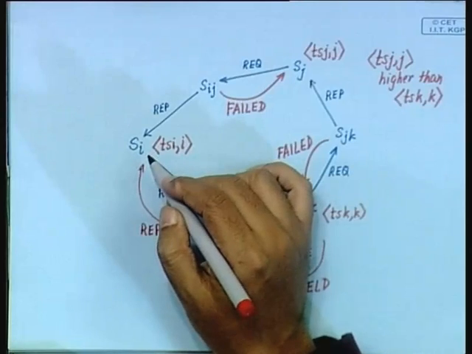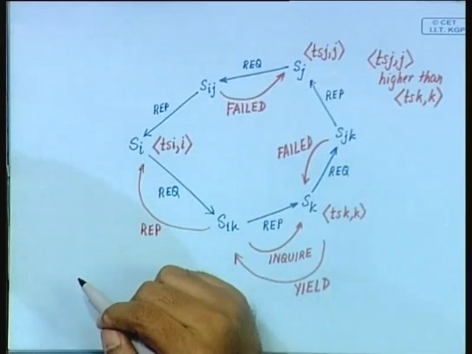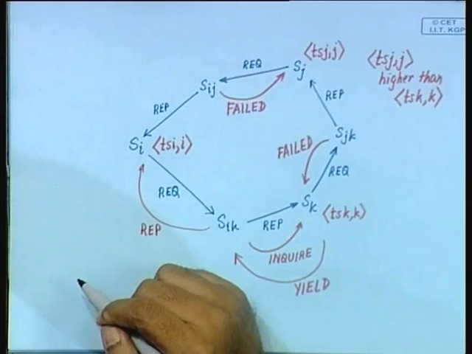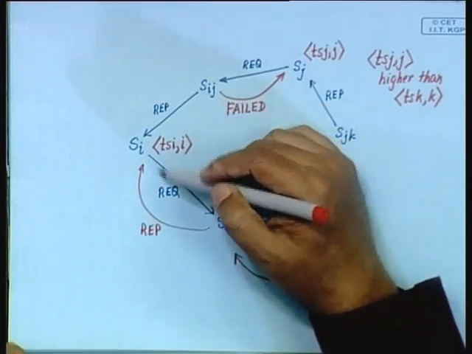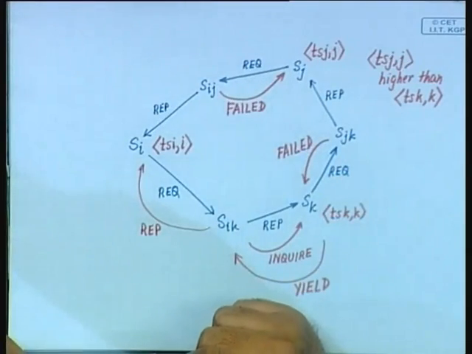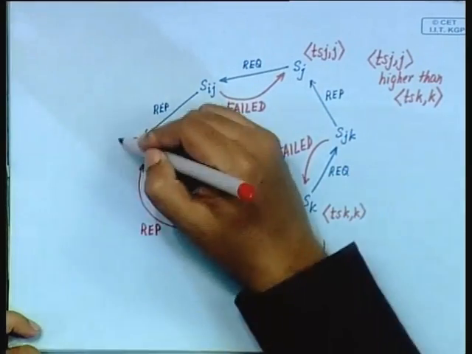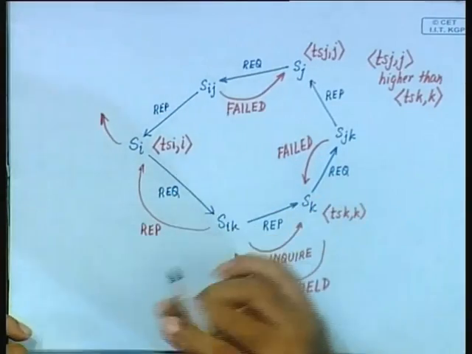Now SI has got both replies, it has got replies from both in its request set, so it just goes ahead and executes critical section. So SI will execute critical section and come out of this, and therefore the deadlock is broken.